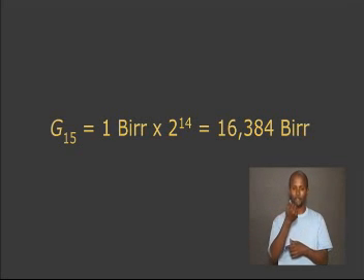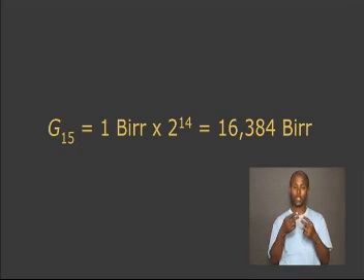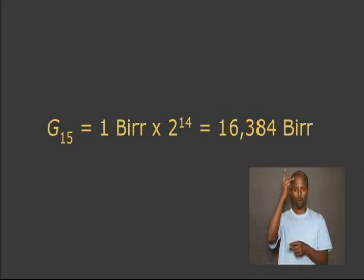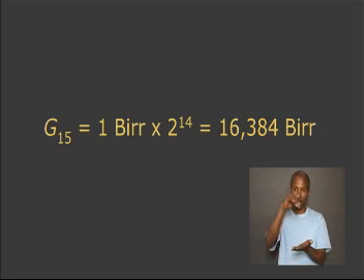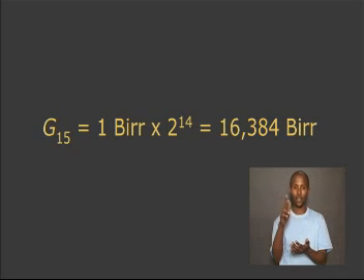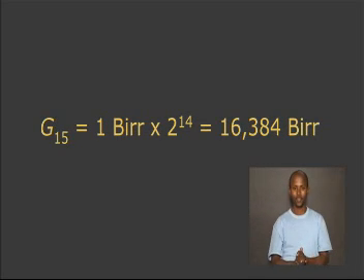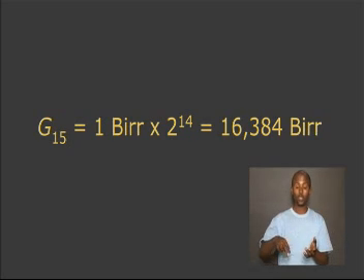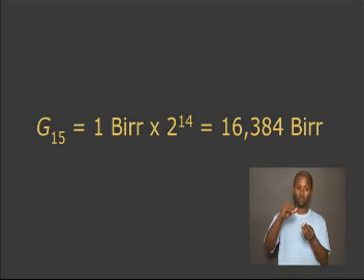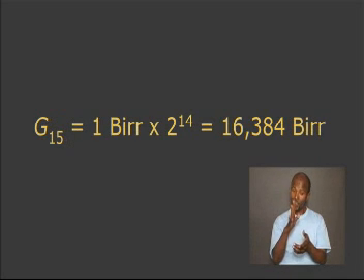G15 equals 1 times 2 to the power of 14, or 16,384. Perfect. The class will have enough for the trip and even a little left over. Was your answer 15 weeks, students? Great job!